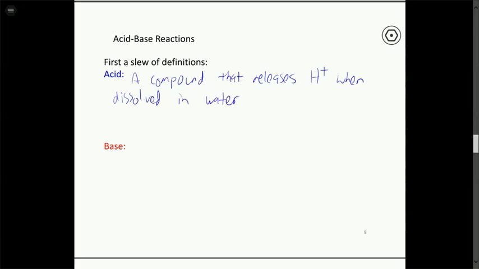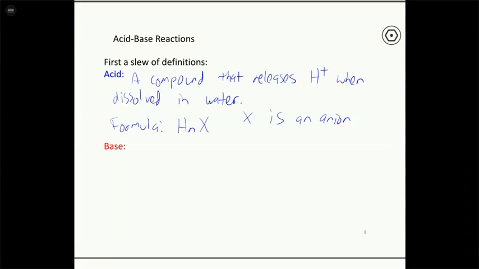And we talked about earlier also the nomenclature for acids. How do we name acids? As we saw, they all have the same general formula. So acids always start with hydrogen, some number of hydrogens, and then X, which is the anion. So it's going to be H+ paired with some anion, which can be either a simple monoatomic anion like chloride or bromide, or it can be a polyatomic anion like nitrate or whatever.